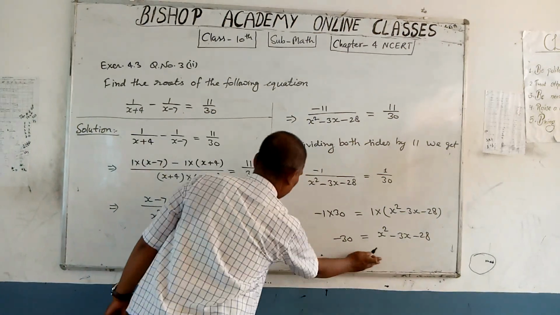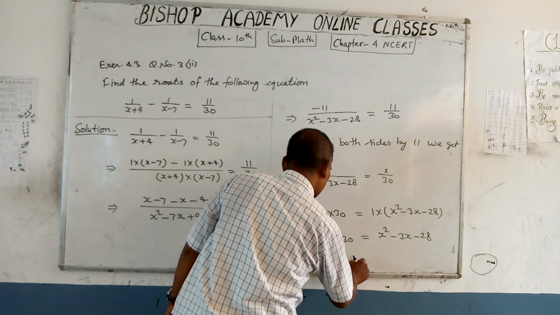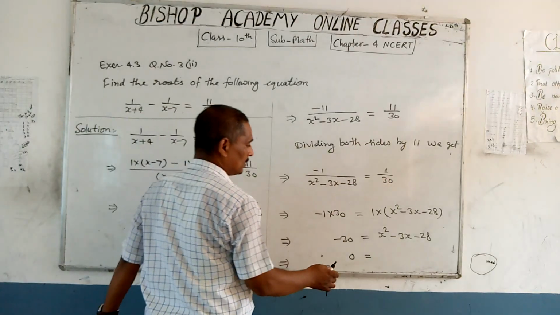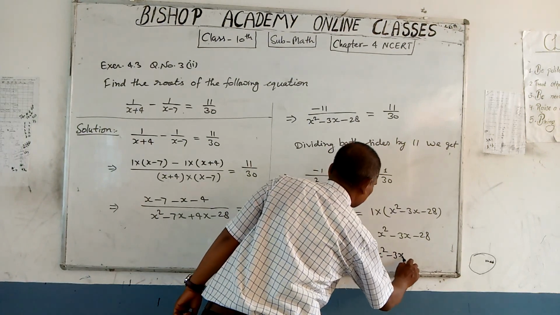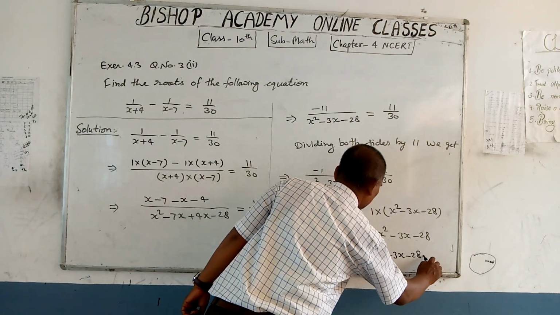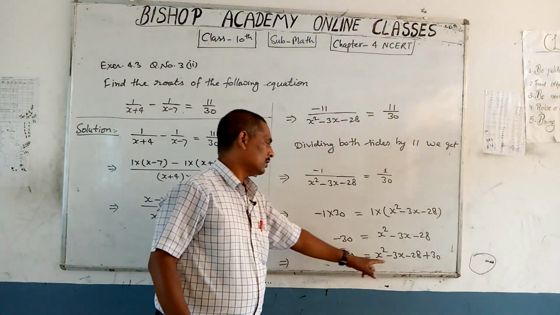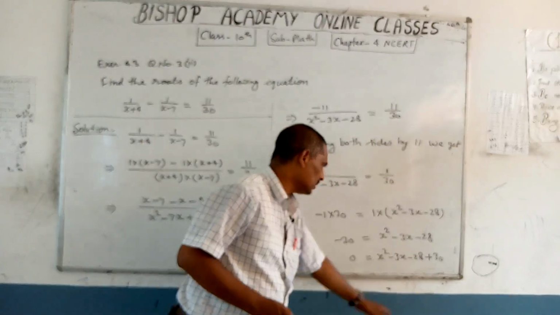Now take one more step here. Write here 0. This minus 30 will go on the right. Then you write x square minus 3x minus 28 plus 30. This minus 30 went to the right side and become here plus 30.